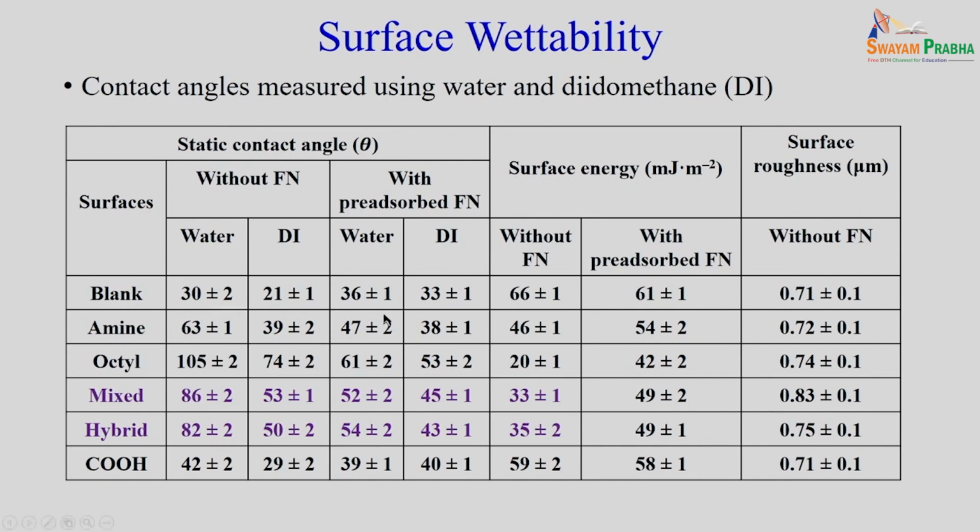So that is why, even after the adsorption of protein, all surfaces do not have the same contact angle or the same wettability. They have different wettability, and for the mixed and hybrid surface, the contact angle before modification was 80 plus, and after the modification it is around 52.